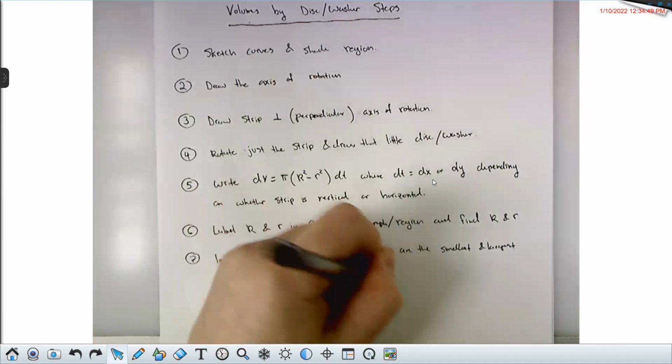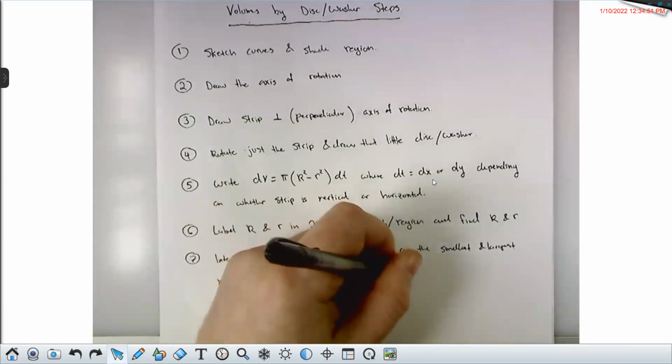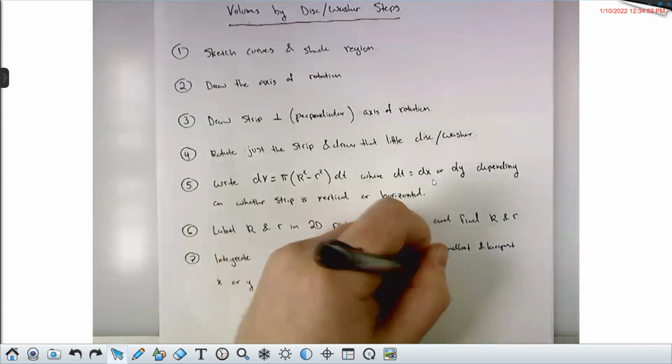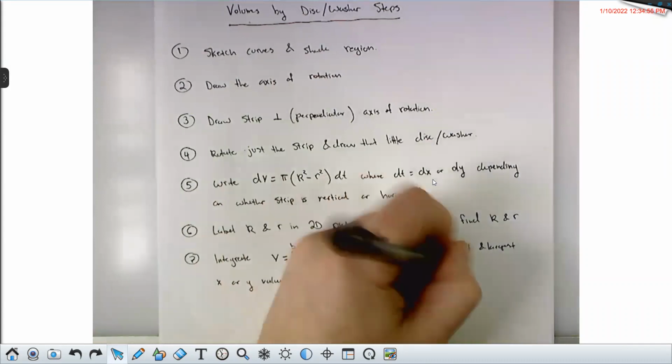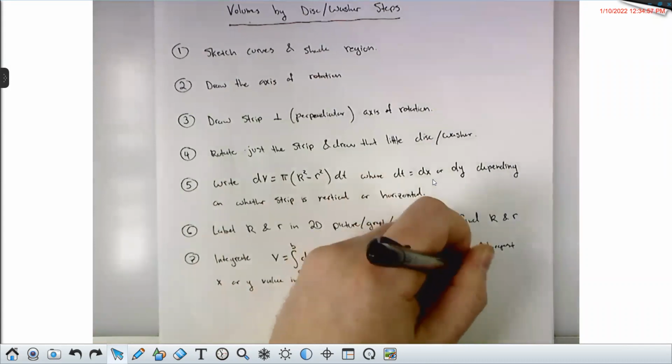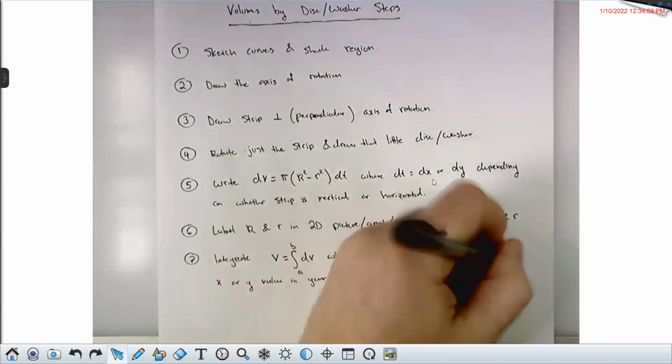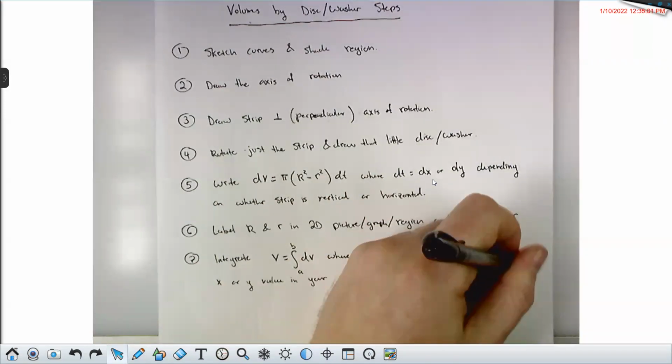X values if you're working dx, y values if working dy.